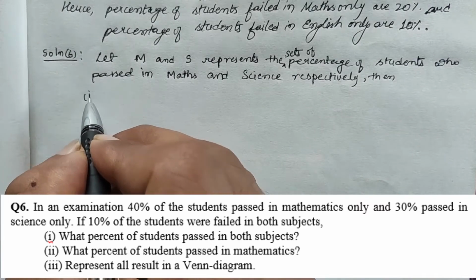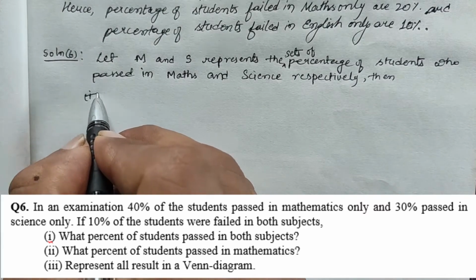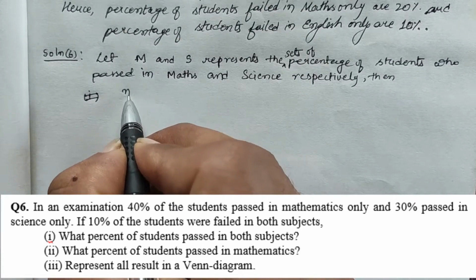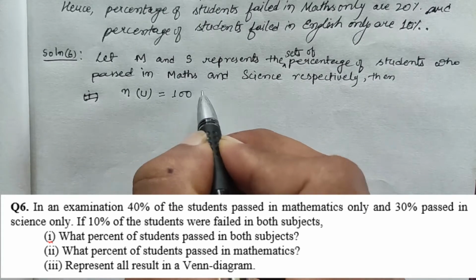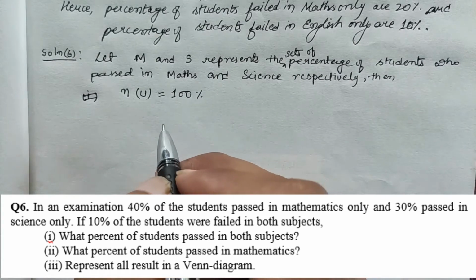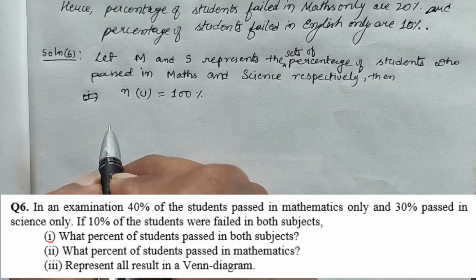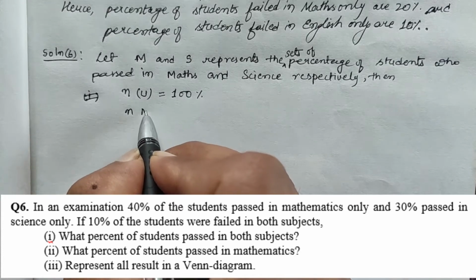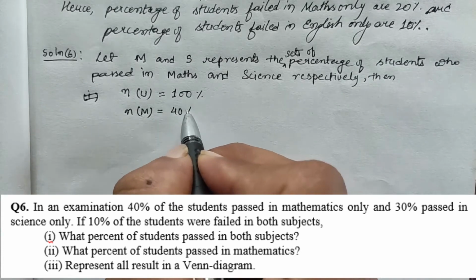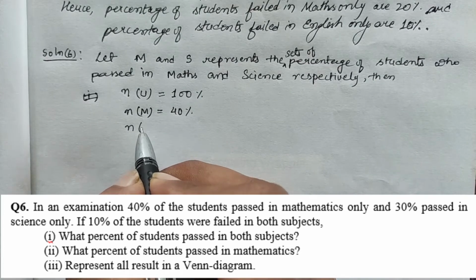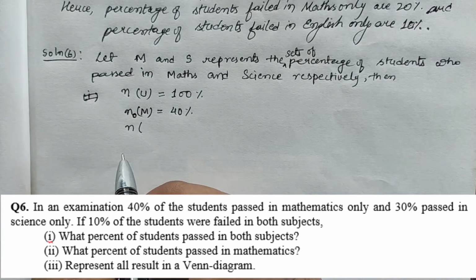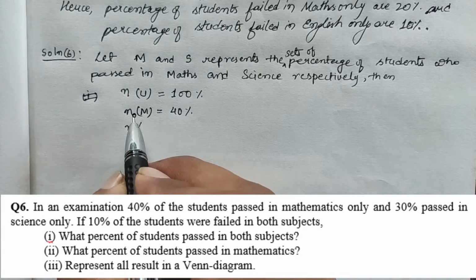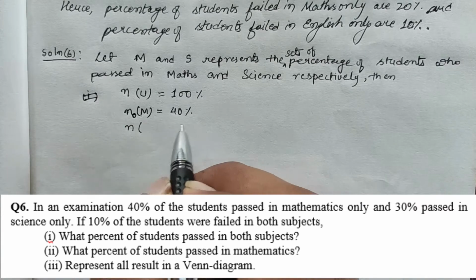In the first case, we first write the given part, that is n(U). n(U) is always how much? 100, because in the case of percentage n(U) is always 100. 40% passed in mathematics only, so it is n(only M), not n(M), because the question says passed in mathematics only.